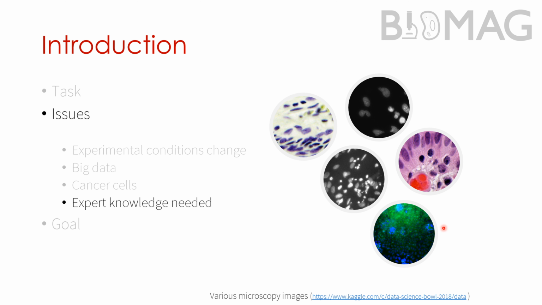And last but not least, we need expert knowledge to be able to accurately define what is an object and what is not. For example, on this tissue image here, we know that these are red blood cells actually, and not nuclei, so we shouldn't identify them as such. But for an algorithm, they look kind of similar because they are elliptical shape and possess some color.